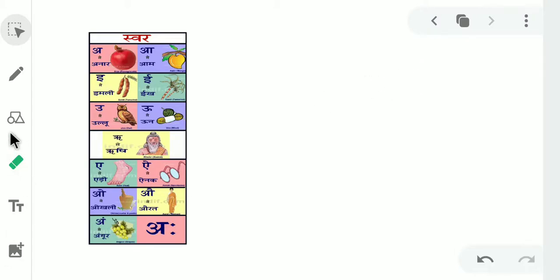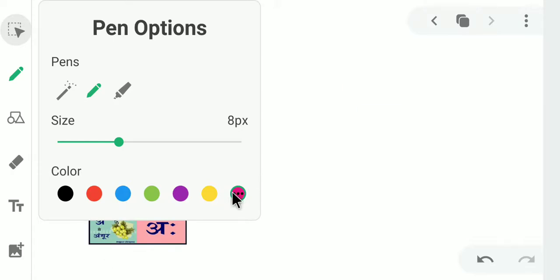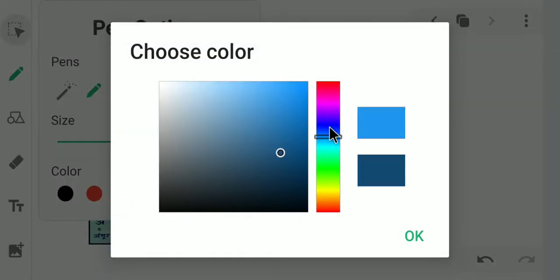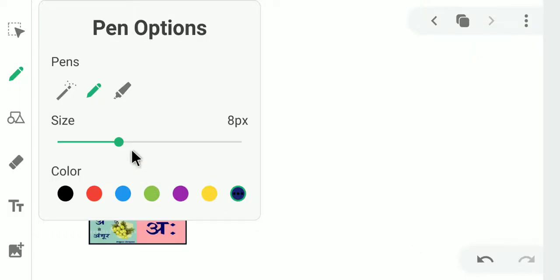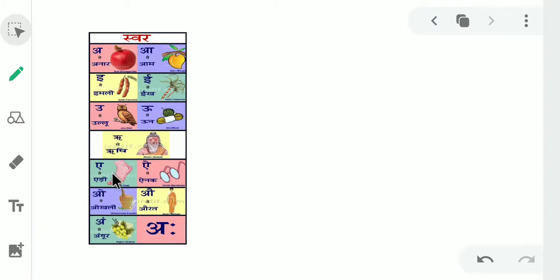Let me change the color of my pen. Now if you have to write A, you can write it like this.